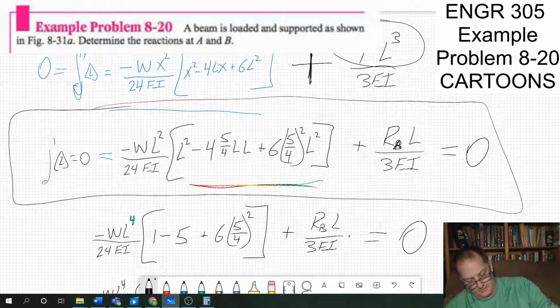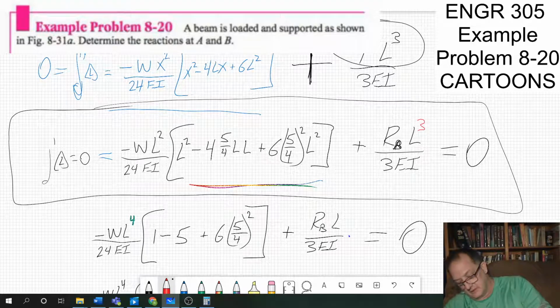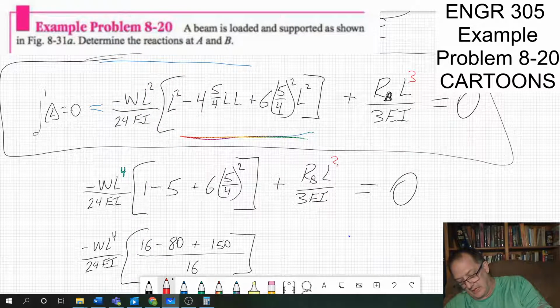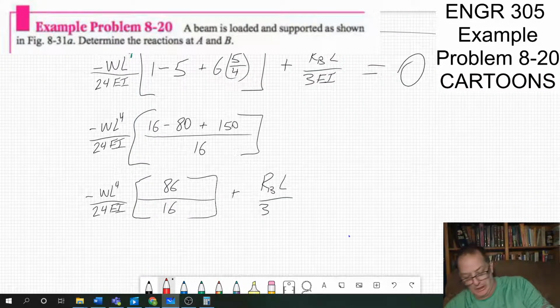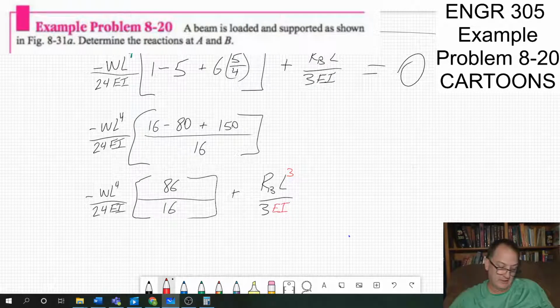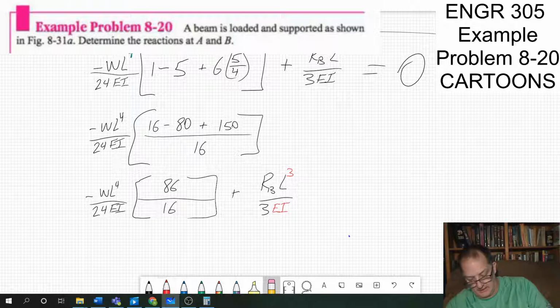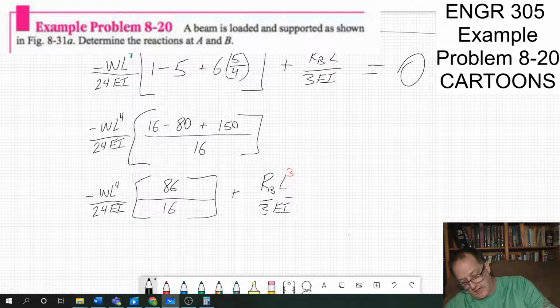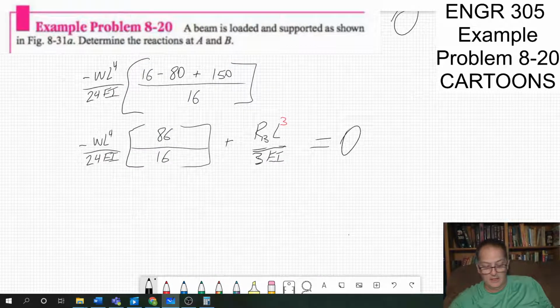L cubed. I put it in red. That's the shame there. Over 3EI. I don't need the red on the EI, because I would have gotten those right. EI equals 0. So now let's move stuff across.